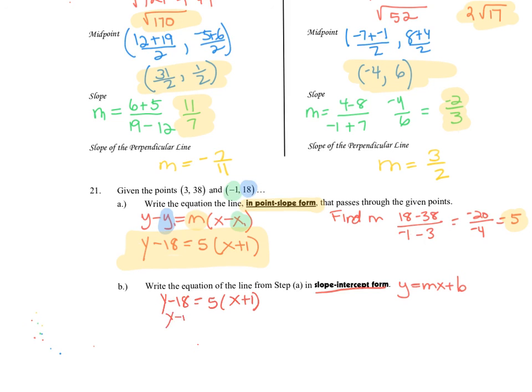So my 2 steps are that I'm going to distribute the 5. And then I'm going to take the negative 18 over to the other side, combine it with 5. And so what we have here, we were asked to put this into slope intercept form, which like we said is y equals mx plus b. And now here we have our answer in slope intercept form.